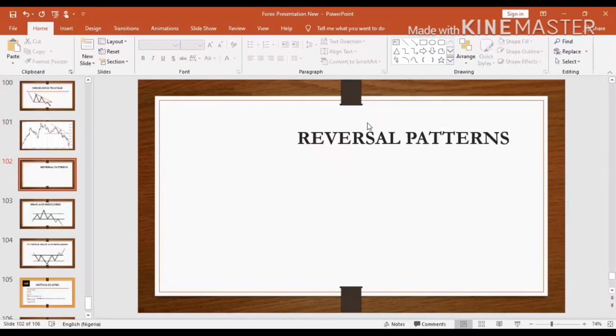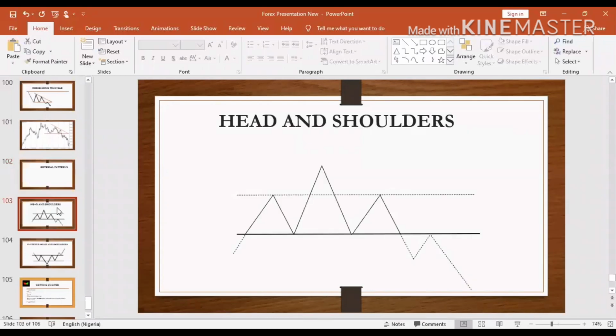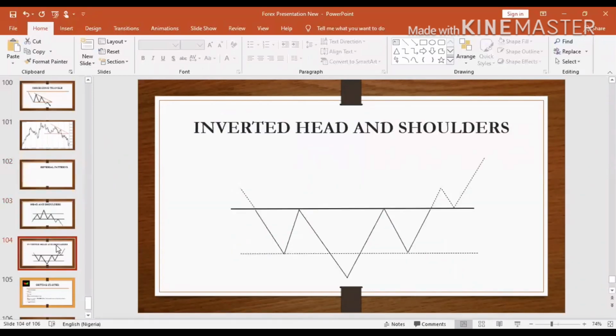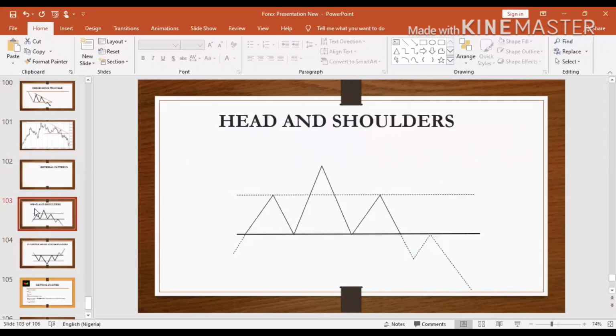So we'll look at just two of these patterns, which are the head and shoulders pattern and the inverted head and shoulders pattern. So let's talk about the head and shoulders pattern. I'm going to run through this illustration and then show you what it looks like on a live chart. Quickly, the head and shoulders pattern is found in an uptrend.